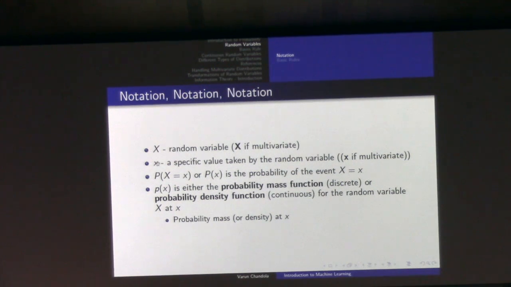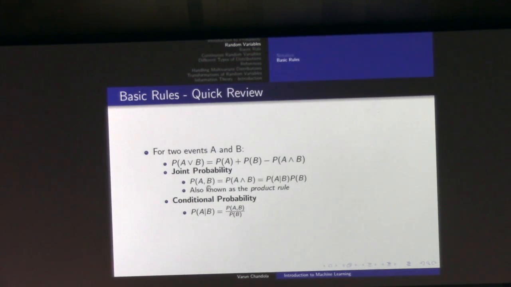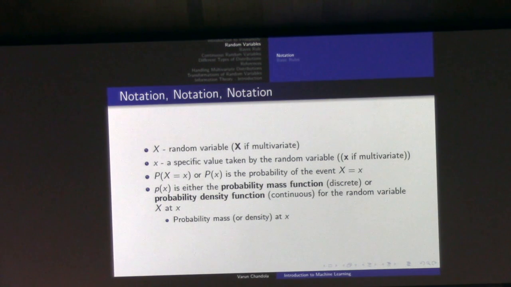A lowercase x is used to denote a specific value, so red, right? And then P of x is that event. I'll come to these functions later.